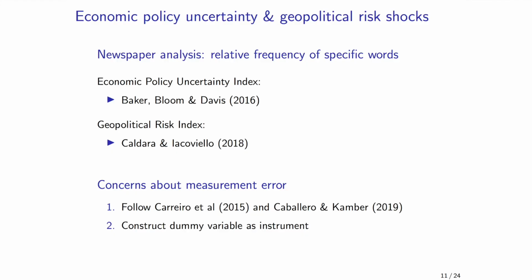And then for the economic policy uncertainty and the geopolitical risk shocks, we're going to follow Baker, Bloom, and Davis. So here, what they do is they look at newspapers. They have these algorithms that effectively read newspapers, and they count the frequency of very specific words, and they see how that frequency changes relative to some baseline over time.